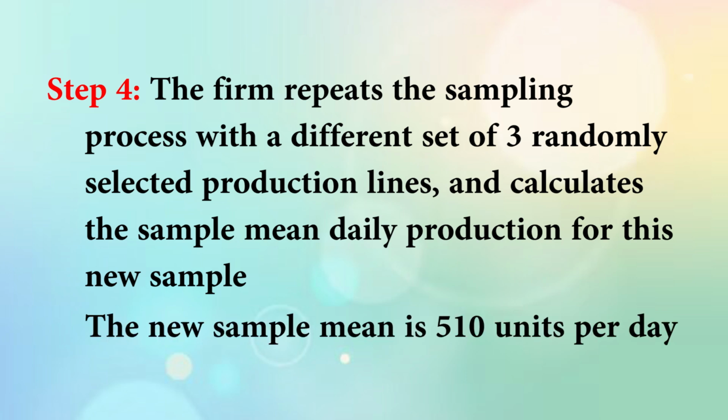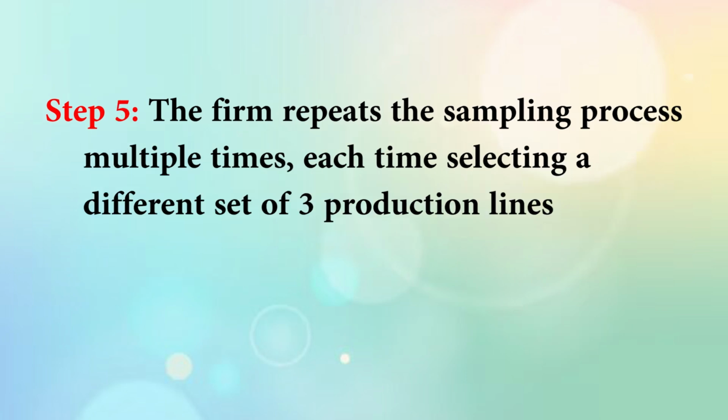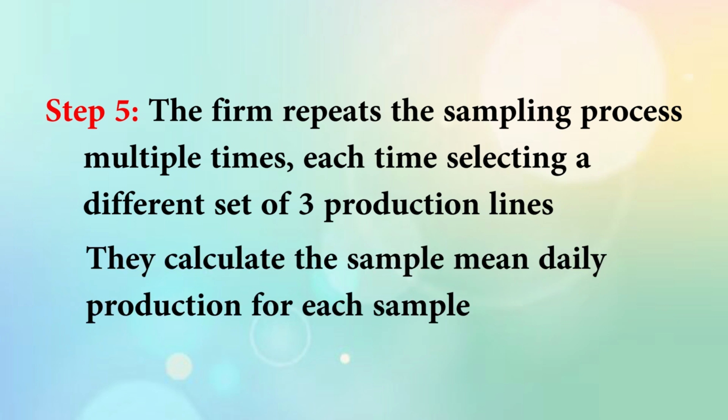The new sample mean is 510 units per day. The firm repeats the sampling process multiple times, each time selecting a different set of 3 production lines. They calculate the sample mean daily production for each sample.